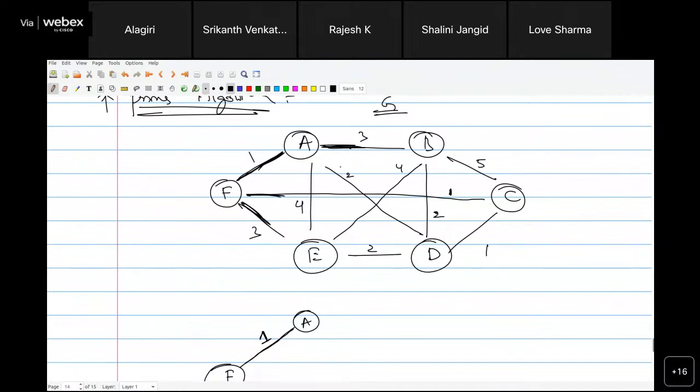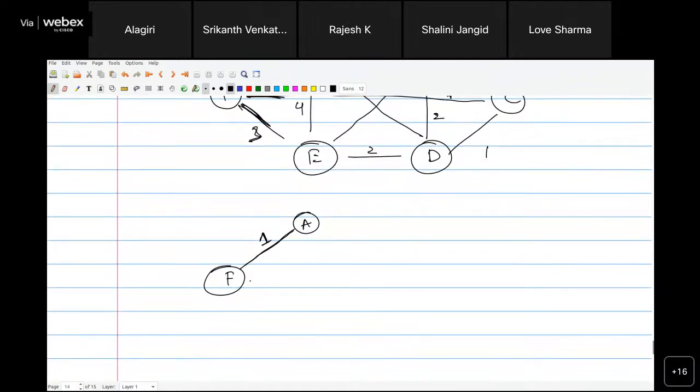Out of these 3 edges, if I look at the weights, this weight is 3, this weight is 3, but this weight is 1. So FC weight is 1. So I have to pick the least edge weight which is adjacent to this edge AF. So this C.